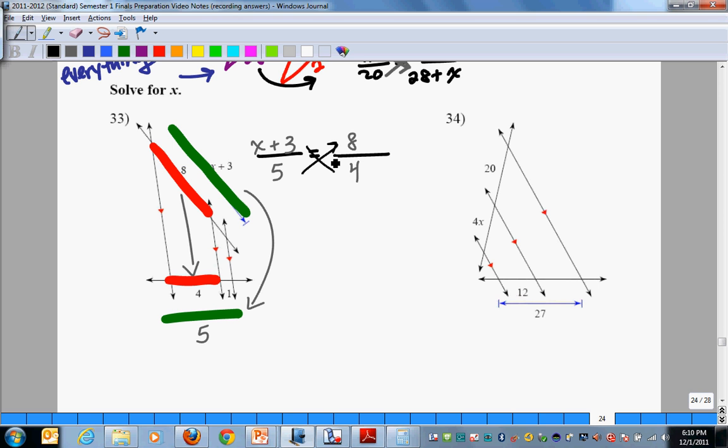Cross multiply. So I have 4 times x plus 3 equals 5 times 8. Rather than distribute, I'm going to divide by 4. X plus 3 equals, 4 goes in here twice, 10. We get x equals 7.